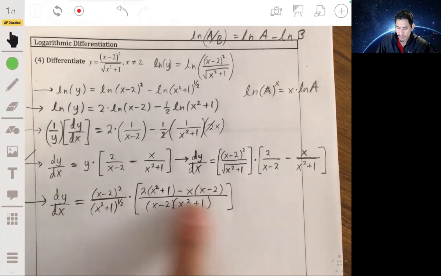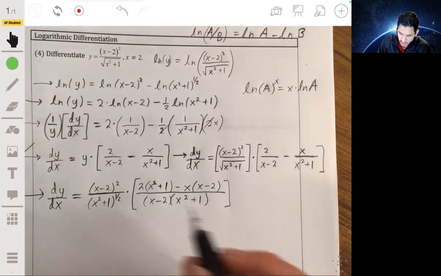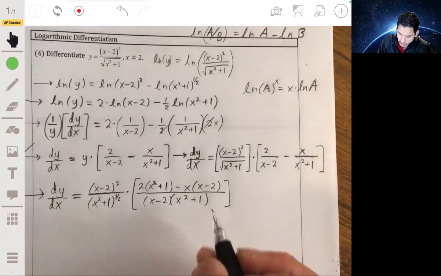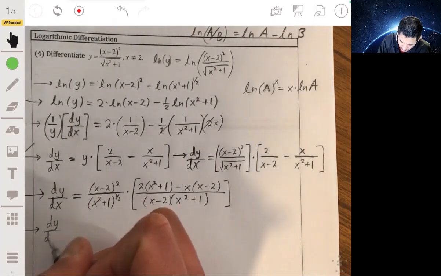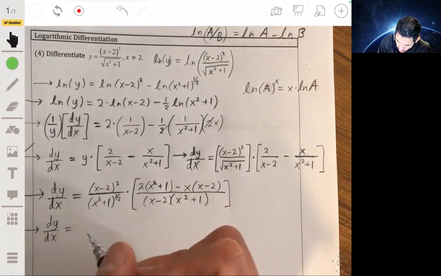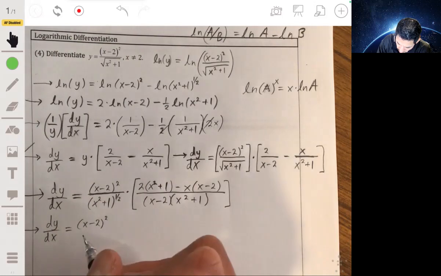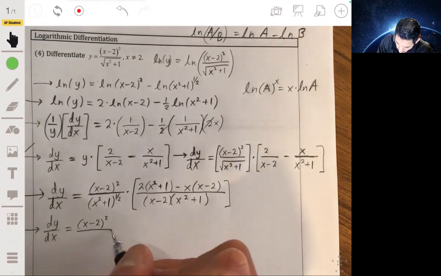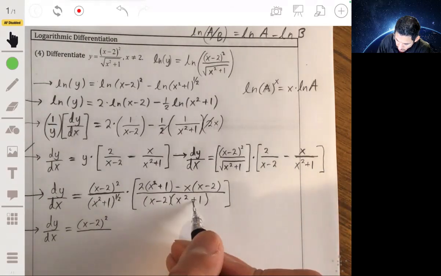And now we just multiply across, as I'm going to try to do this without making any mistakes as best we can. So let's see what we got. So dy dx will be equal to x minus 2 squared. This x squared plus 1 times that x squared plus 1.